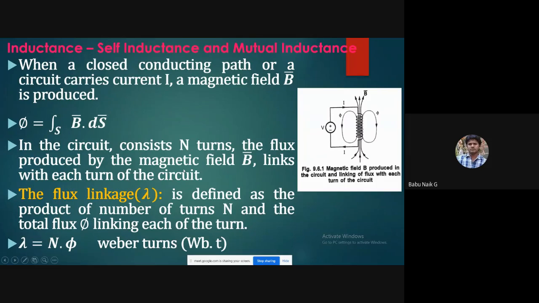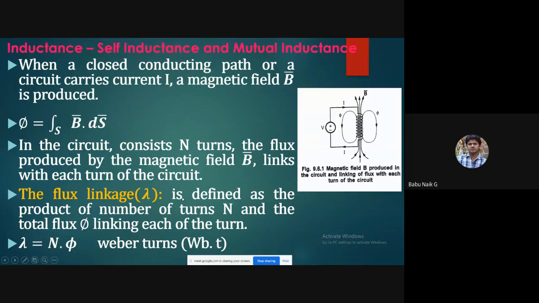So we'll take a small definition of flux linkage: how much flux links with the N-turn coil we call flux linkage.